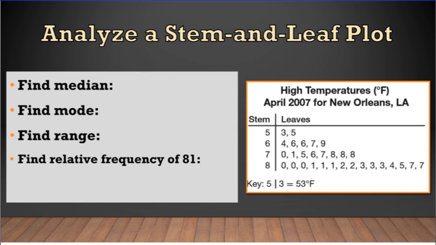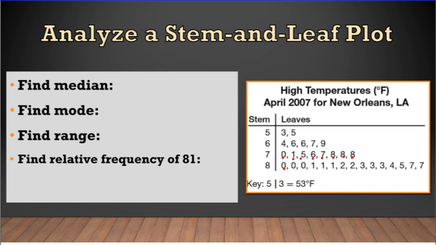Well, April has 30 days in it. So that means we have 30 numbers here. So halfway is 15. So if we find the 15th number, you go 1, 2, 3, 4, 5, 6, 7, 8, 9, 10, 11, 12, 13, 14, 15.